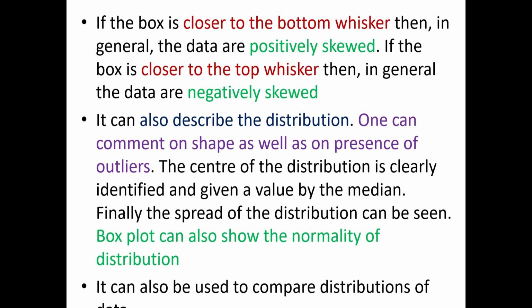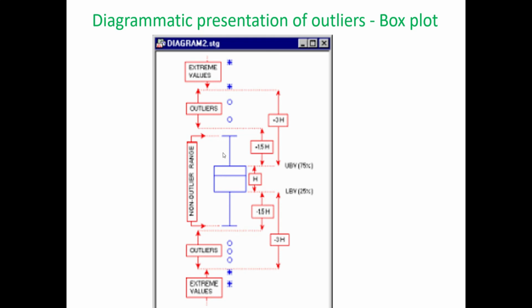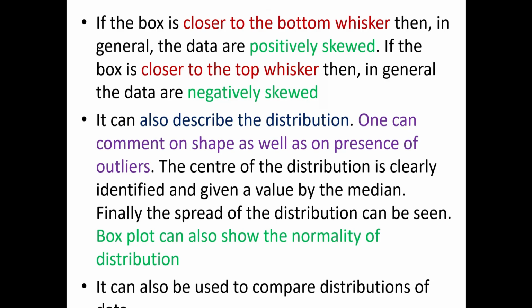If the box is closer to the top whisker, we can say it is negatively skewed. So if the box moves there, it is negatively skewed. If the box moves here, it is positively skewed. So it can also describe the distribution. We can also comment on the shape as well as the presence of outliers.